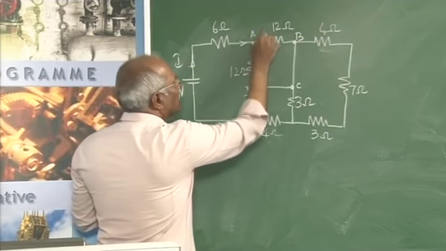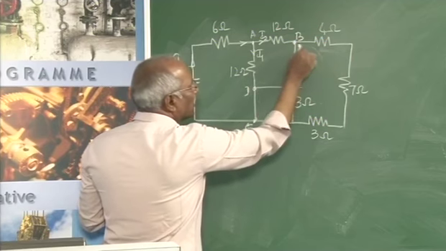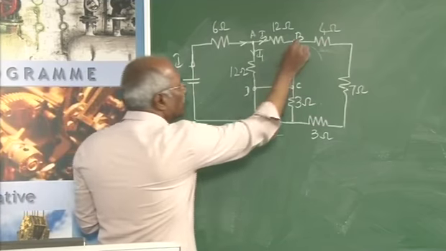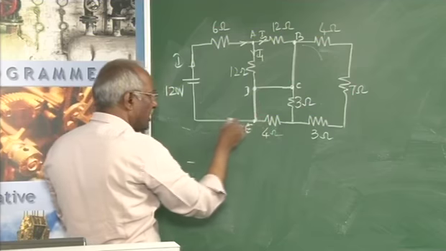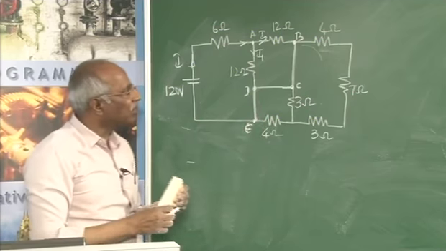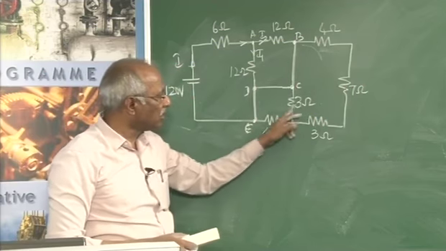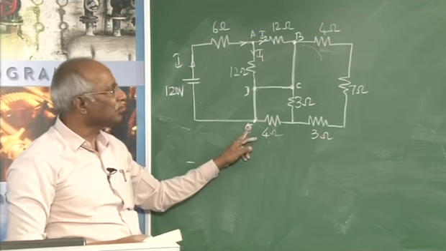And if a current I2 comes here, it will not take this path because the current always takes the least resistance path. When it comes here, it finds another least resistance path, and then it goes like this. So you can conclude the 4 ohm resistors are short circuited by this least resistance, or zero resistance, path.